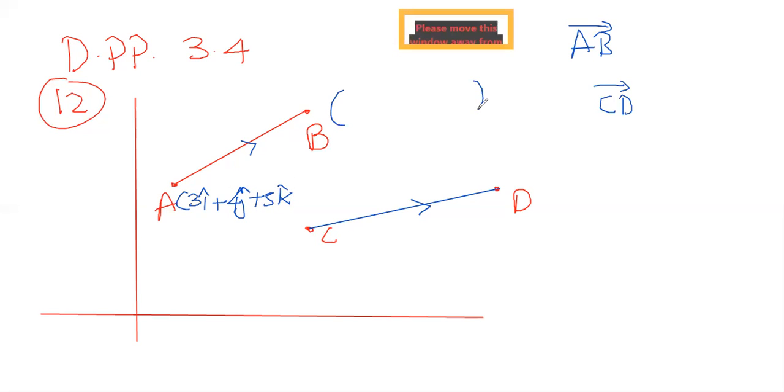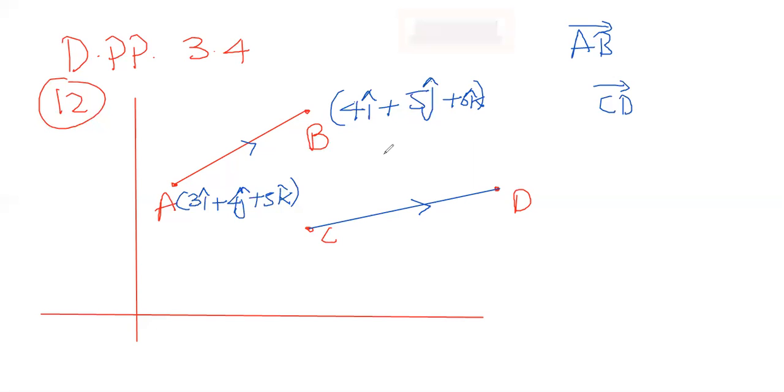Then B bar as a vector, vector means I am enclosing with brackets. I hope you understand that. B bar is given as 4i cap plus 5j cap plus 6k cap.